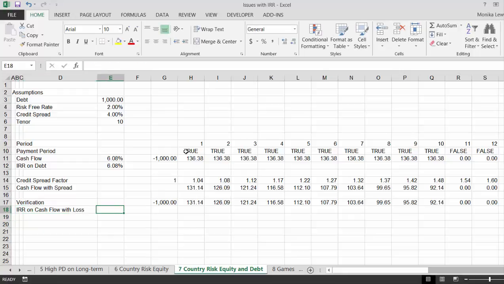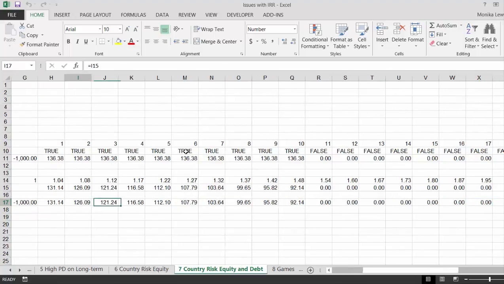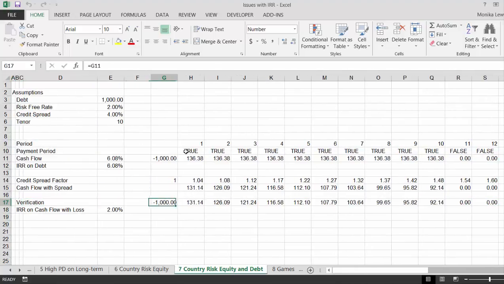I would put it like that, equal IRR, and we get exactly our risk-free rate. So we've demonstrated that this is the cash flow you would get after the loss, because you've reflected the credit spread. This is the cash flow you get.